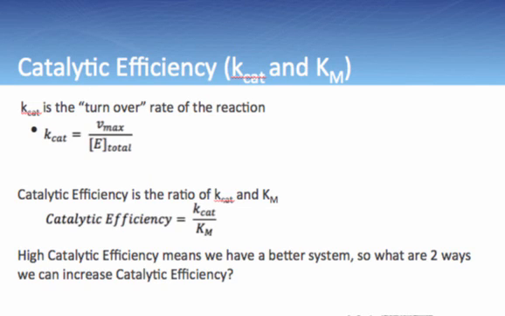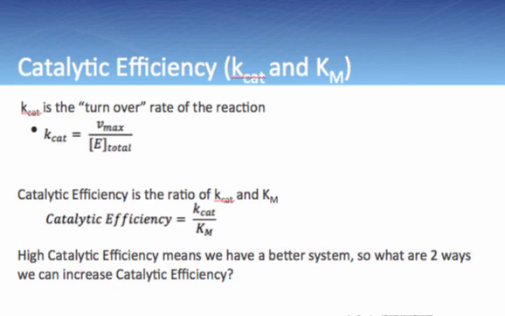And finally, we have catalytic efficiency. For that, we're going to need to consider Kcat and Km. Kcat is little k, and Km is big K, so let's not get those confused. But Kcat is the turnover rate of the reaction. That means how fast an enzyme can do its reaction on the substrate and then move on to do another reaction on another substrate. And so that's calculated by looking at the Vmax over the total concentration of enzyme.